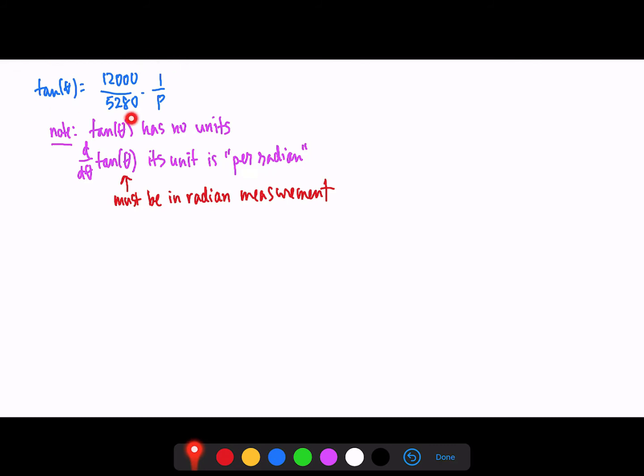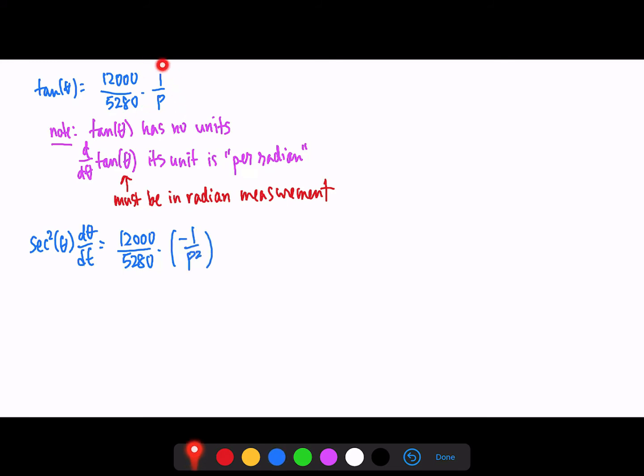So we have this relationship between P and theta. Let's differentiate both sides. By implicit differentiation, the left-hand side differentiates to secant squared theta d theta dt equals 12,000 over 5280 times minus 1 over P squared.